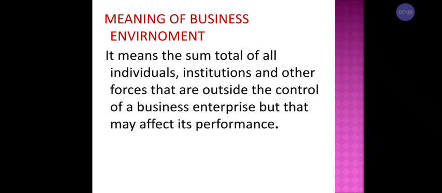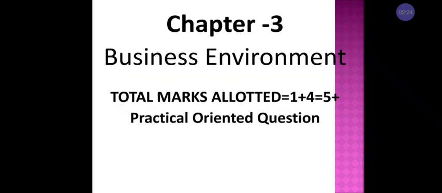Today in this class we are learning only the meaning and features of business environment. Before learning the exact meaning of business environment, you have to understand generally the words business and environment. All of you know that business means it is like one organization or one company, engaged in producing products for the customers.